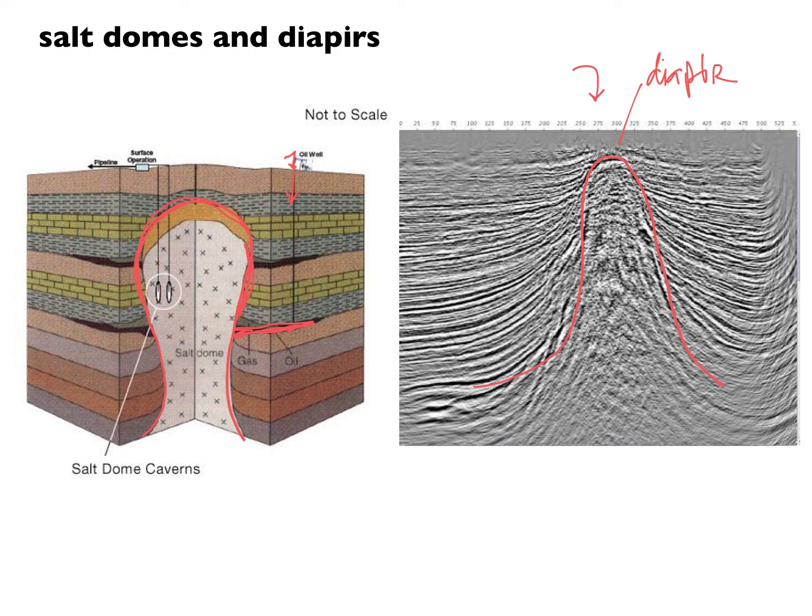And so there are actually a lot of images like the ones you're seeing on the right where oil companies are going out and collecting seismic survey data to try to find these diapirs. And then they might look for little plays like where oil might get trapped right there, for example, if it's an oil-rich horizon. So that's an interesting feature of these salt domes.